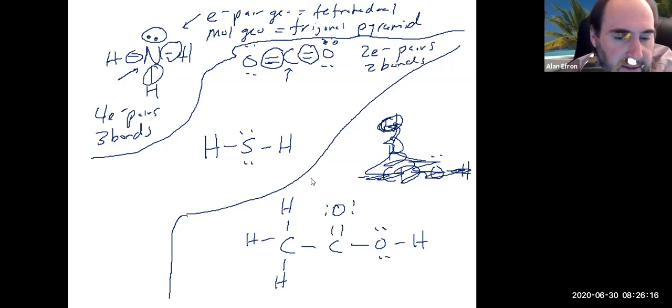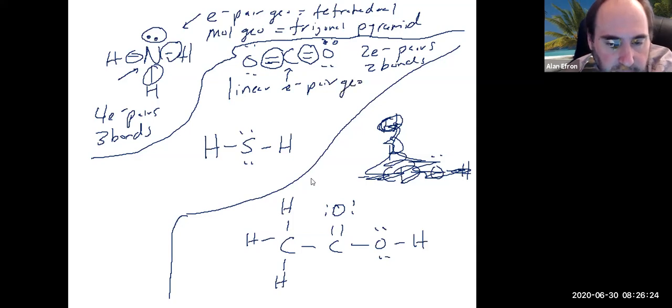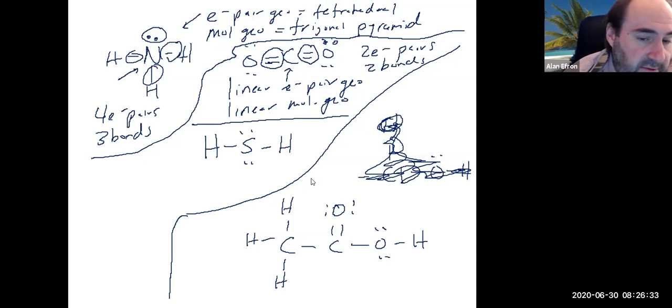So something with 2 electron pairs is linear in terms of its electron pair geometry, and it's also linear in terms of its molecular geometry. They have the same name because there are no dots on the central atom, so it would be the same.